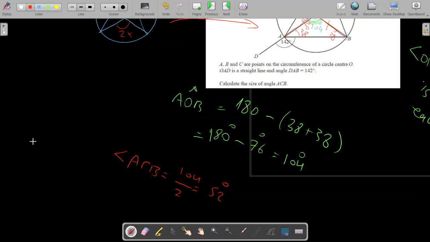Why is that? Because we know from our study of the circle theorem that the angle at the center is twice the angle at the circumference.